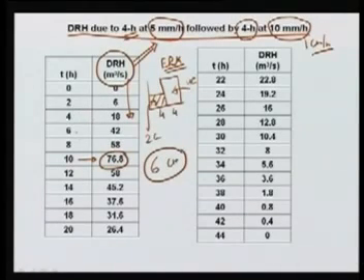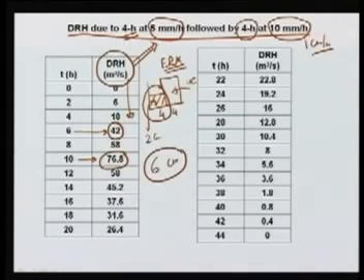Suppose we are looking at 6 hours. This 42 corresponds to the 6-hour value for the first rain and the 2-hour value for the second rain, because the second rain has started after 4 hours.